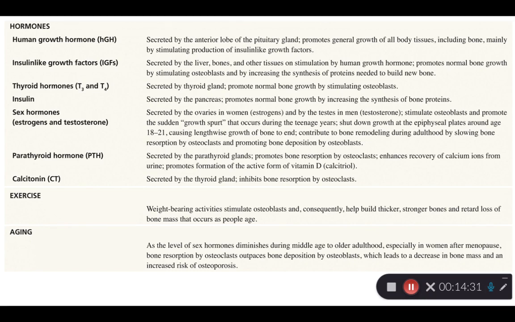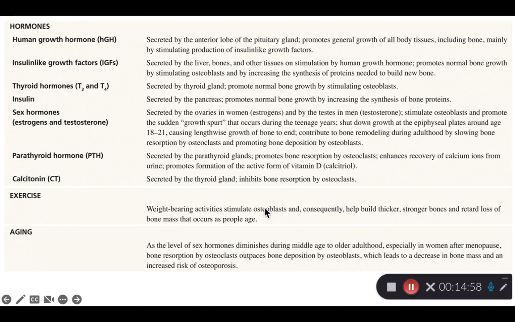So as we age, we need to be conscious and aware of the loss of these stimulating hormones for bone growth and bone health. So as far as hormones, focus on knowing calcitonin and parathyroid, as well as the sex hormones, and we'll get to growth hormone another day as well.